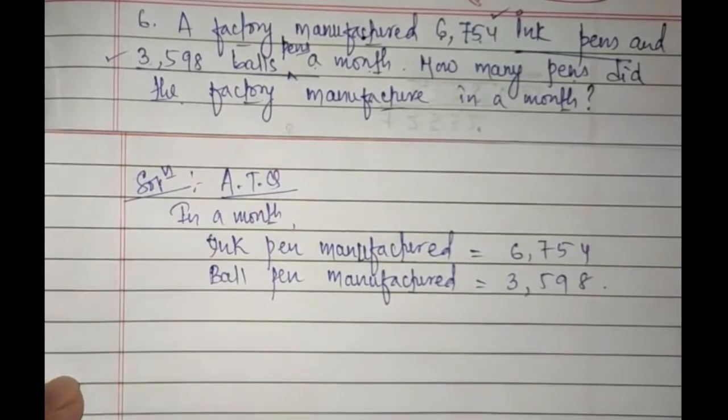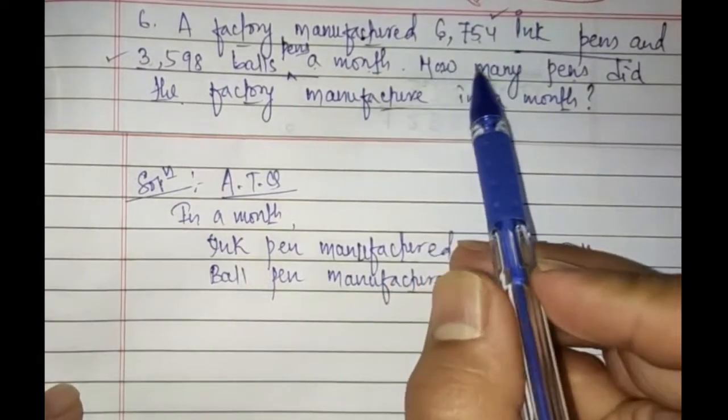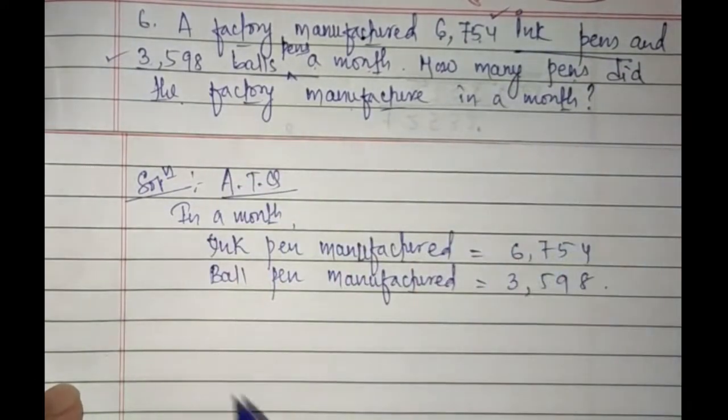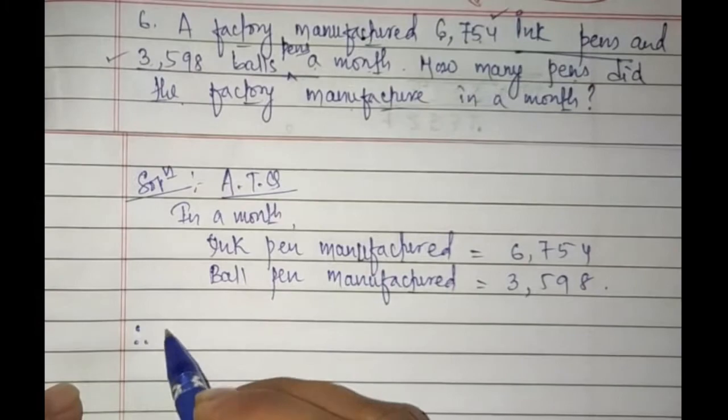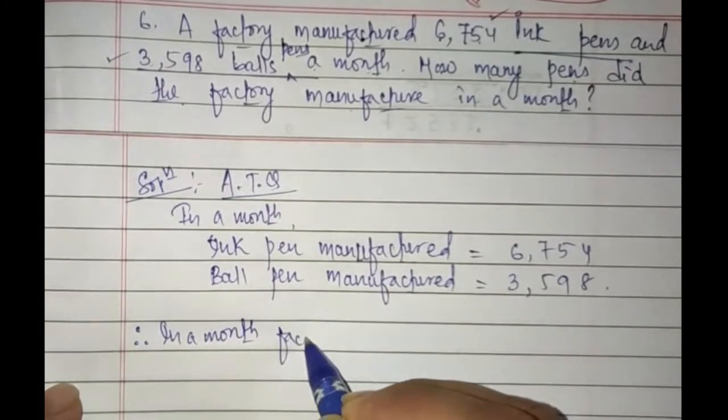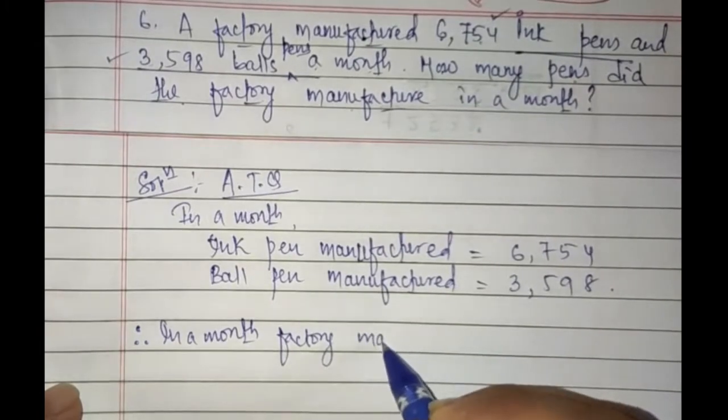3,598. What we have to find here is how many pens they are manufacturing in a month. So we have to write, therefore, in a month, the factory manufactured.